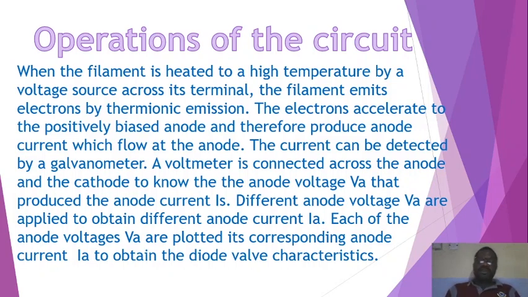So now the variation is what we are looking at. Each anode voltage is denoted by VA, while the anode current is IA. Each anode voltage VA is plotted against the corresponding anode current to obtain the diode characteristic curve, which we are going to discuss next.